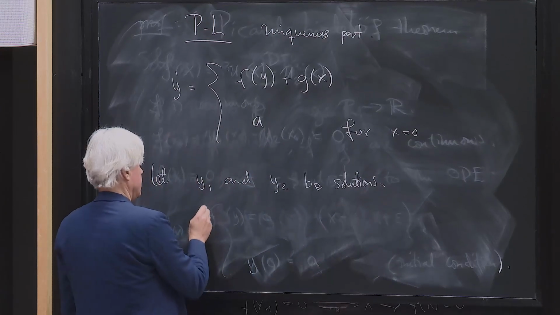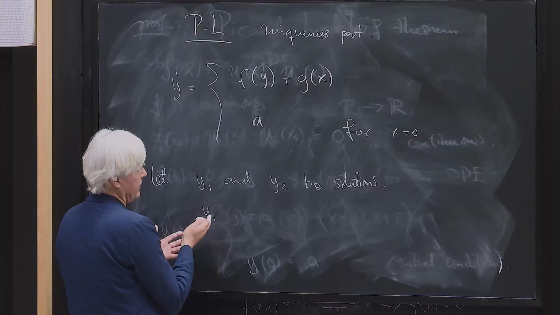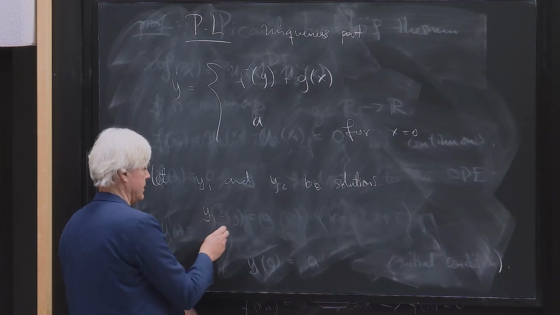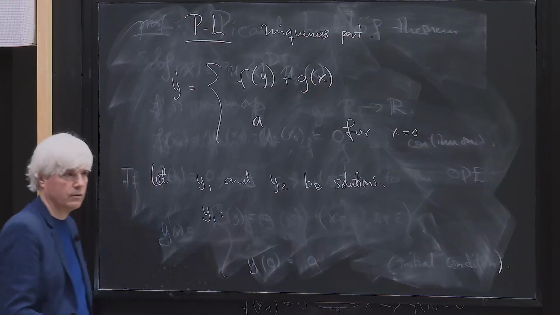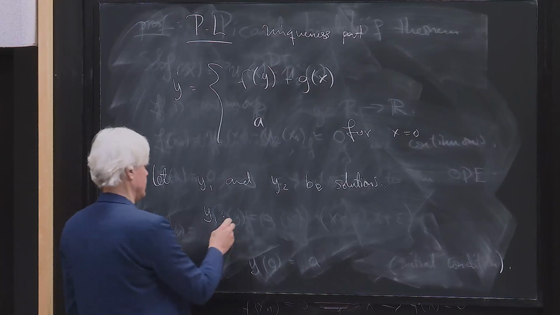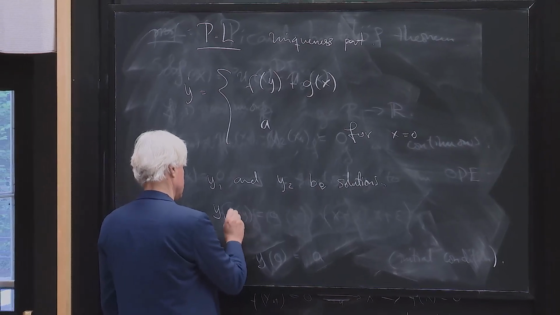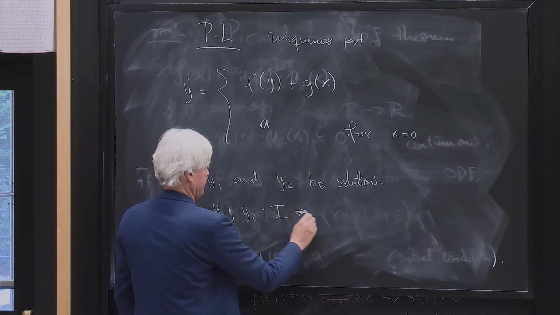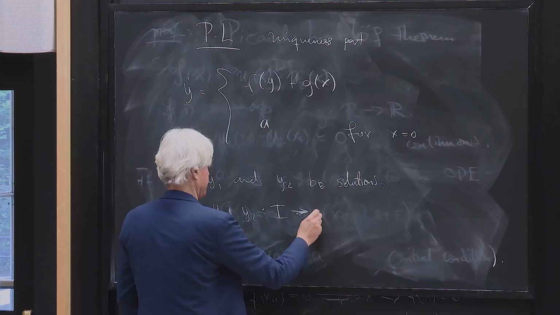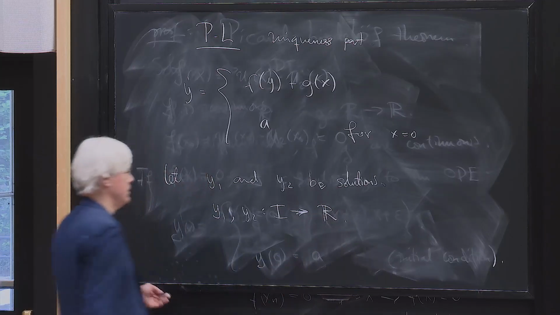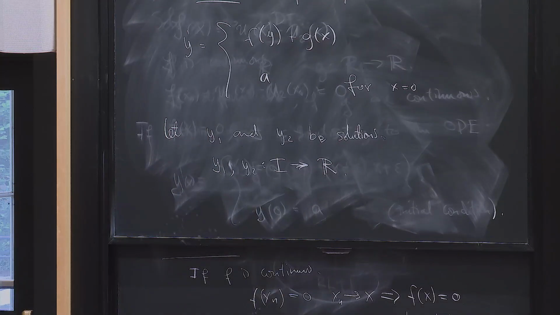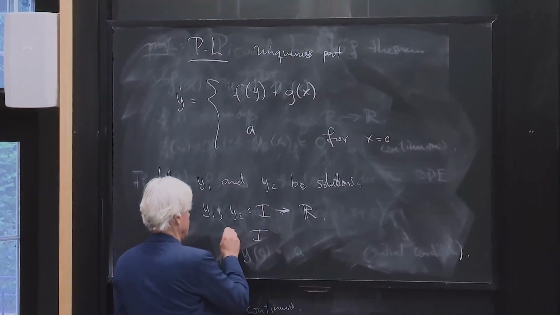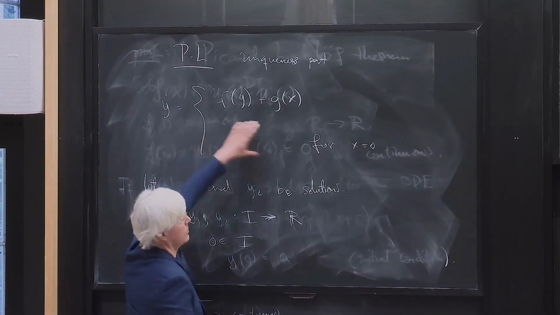Let's say that these two may be defined on different intervals, but you just take the intersection of the two intervals. So suppose that they're both defined on the same interval I, which of course has to include the 0 where we want this condition.